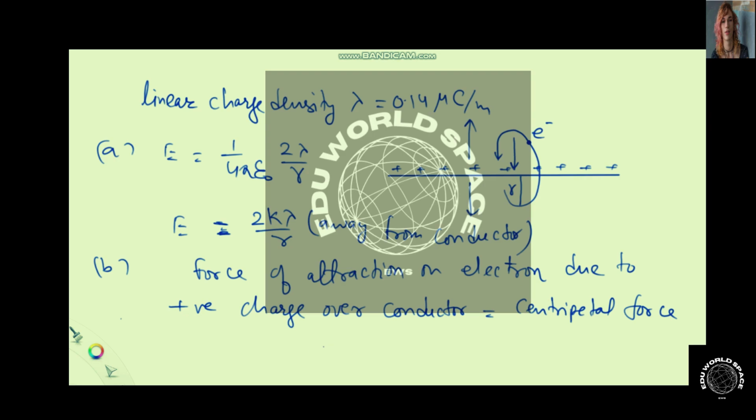Means we can say the electrostatic force, given by the product of the charge of the electron with the electric field E, is equal to mv square by r.